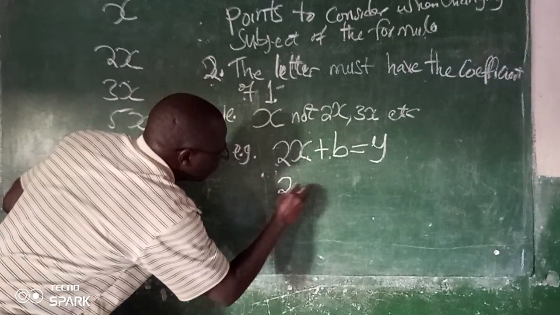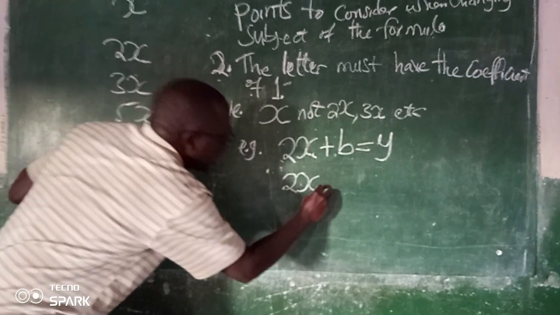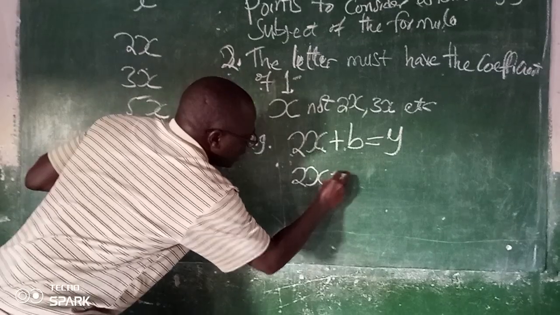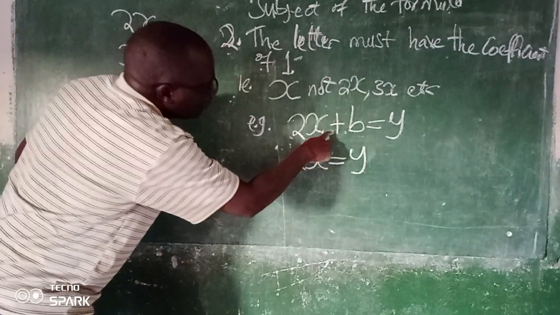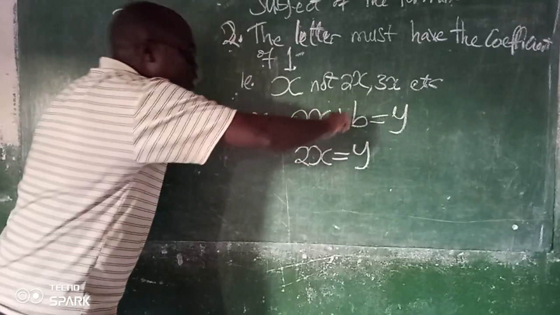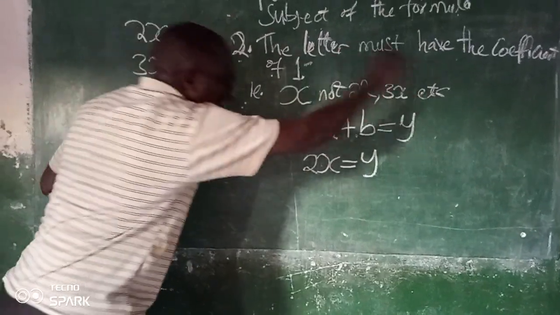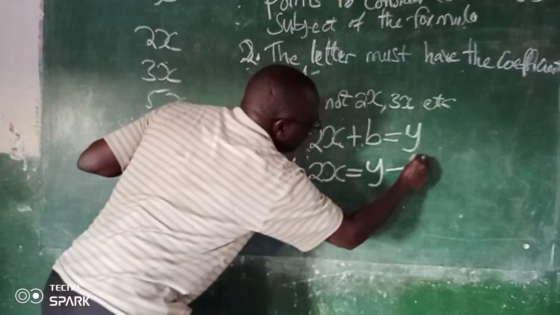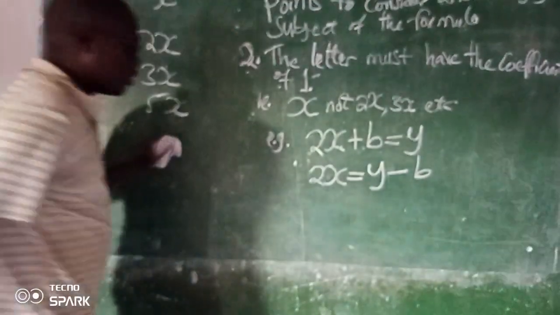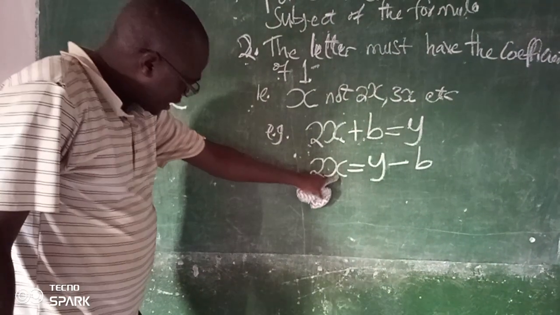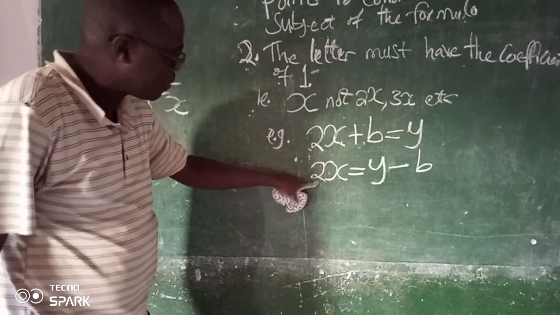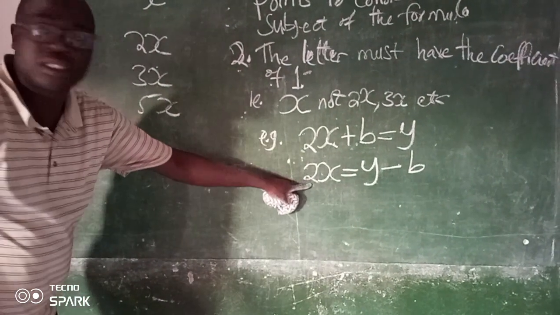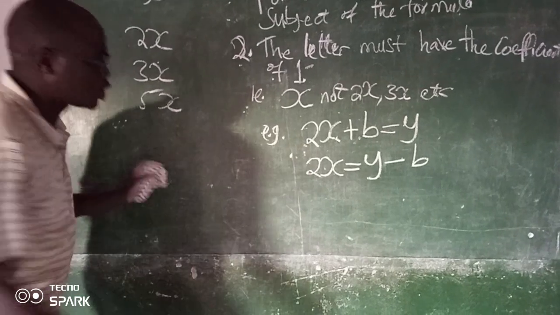So it will be 2x is equal to y. This positive b, once it crosses the equal sign to the other side of the equation, will be negative b. But this x is still holding the coefficient of 2. So what can we do to eliminate this 2?